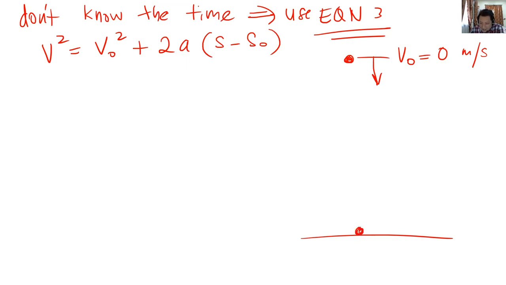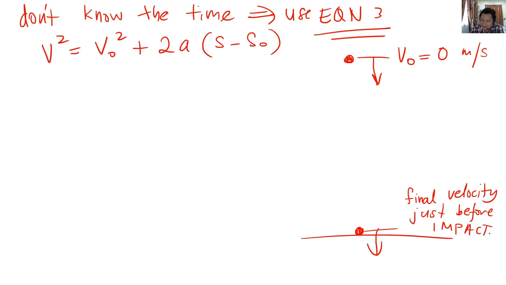It should say final velocity just before impact, right? Because after it impacted, the final velocity will be 0.